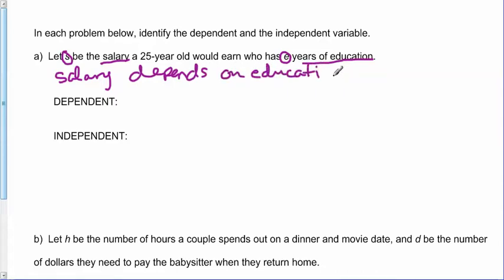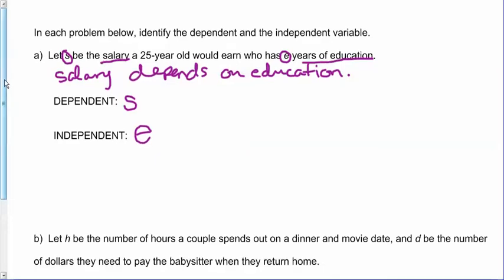If you can put the information into a little summary sentence like that, now you're going to be able to easily see if the salary depends on the education. That means the dependent variable is going to be S, and that would leave E to be the independent variable.